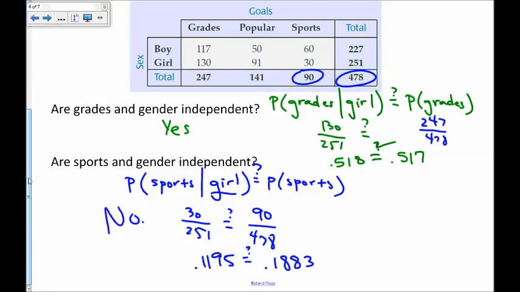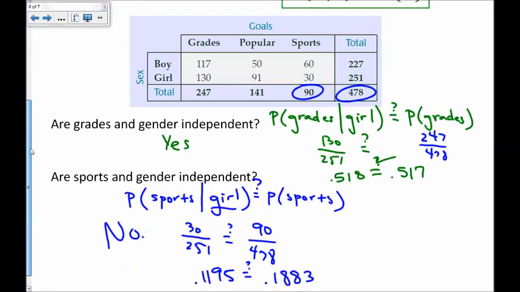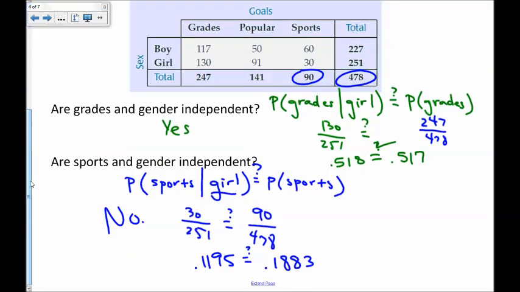Those are not independent. One of the genders may be more inclined to focus on sports than the other. Now, I know this is kind of a gut feeling of, yeah, that's close and that's not close. We will come up with a more formal rule of thumb to use much later on in the year. But for now, we'll look at just computing these conditional probabilities to figure out if they seem to be independent or not.